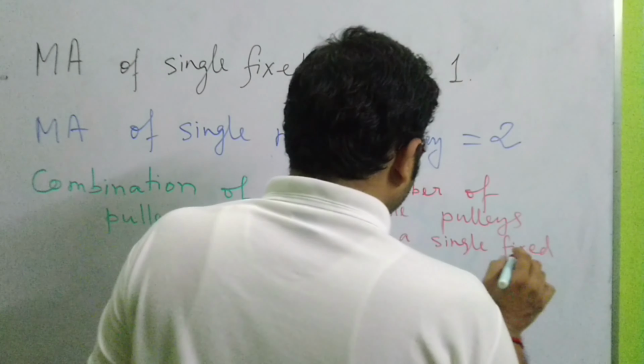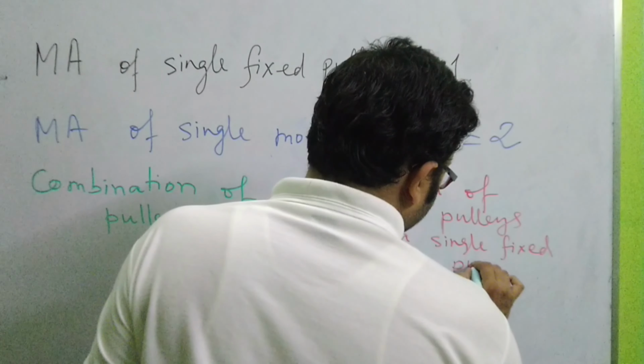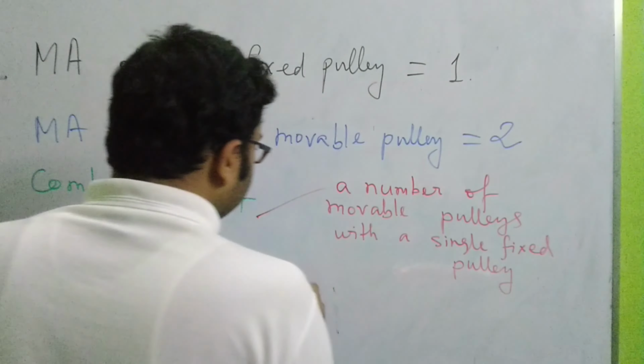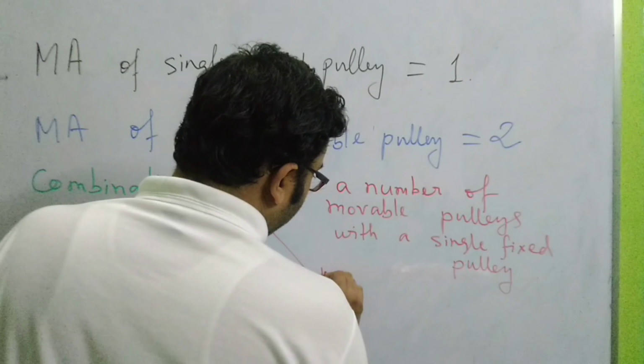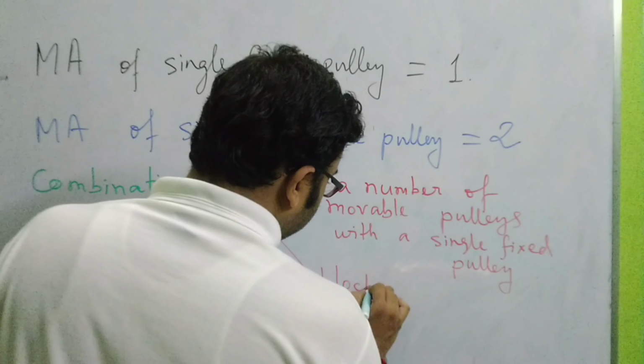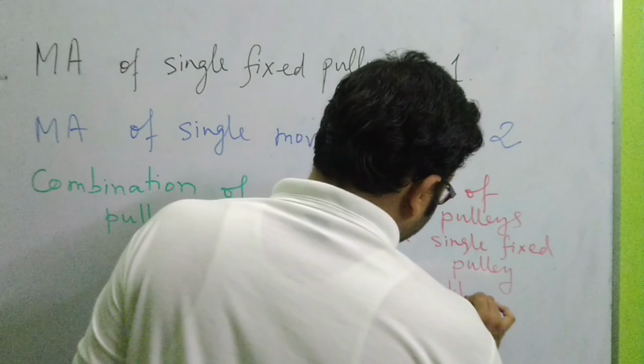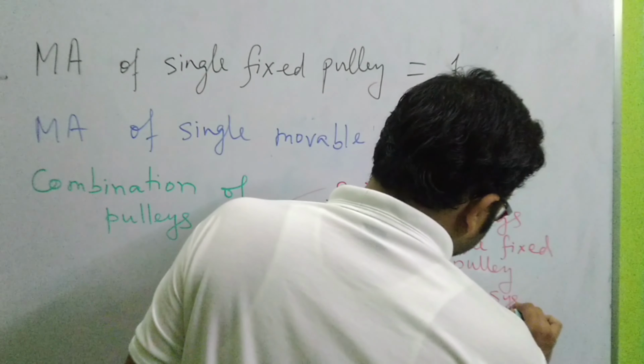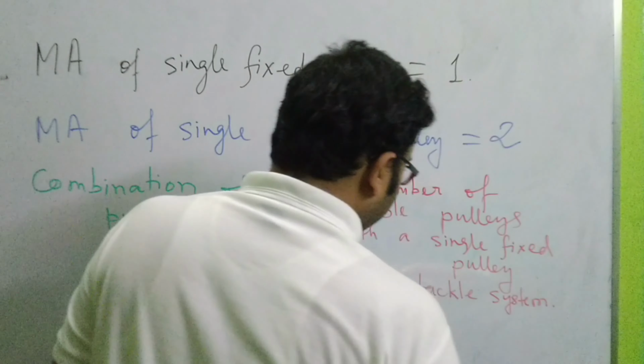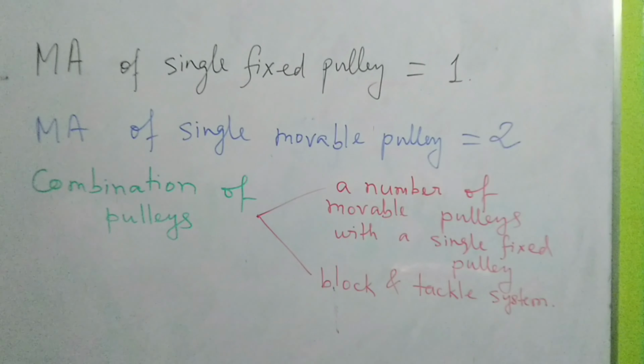And what is the second combination? The second combination is the block and tackle system. So these are the two combinations or arrangements where we can get a mechanical advantage greater than 2.